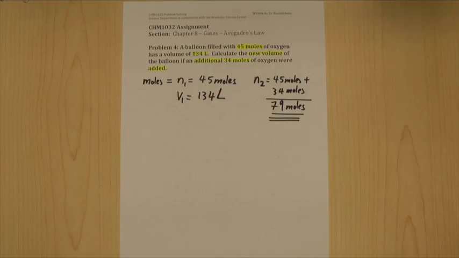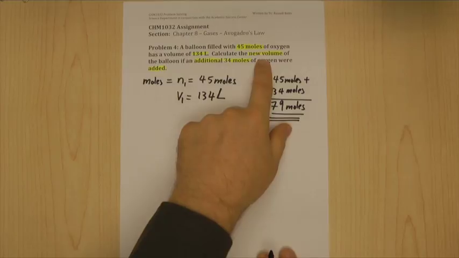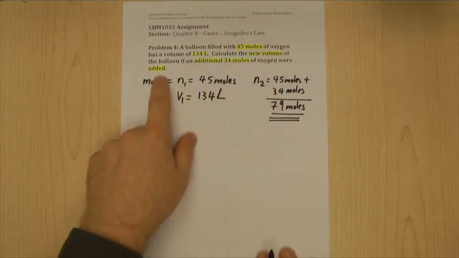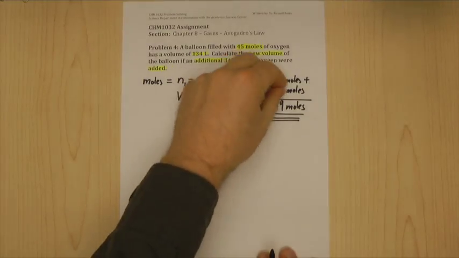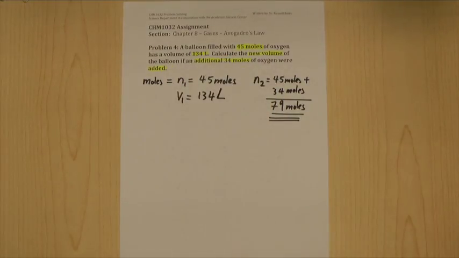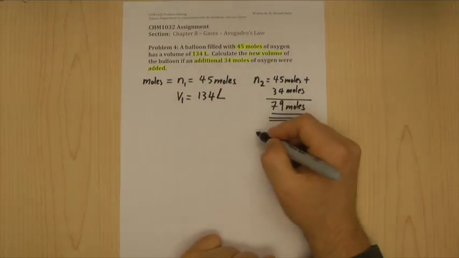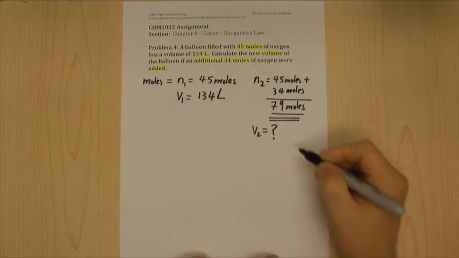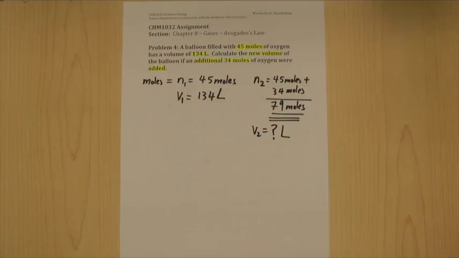I know it's strange because of the way the question's worded, but you've got to get used to that. Calculate the new volume of the balloon if an additional 34 moles of oxygen were added. So we have to add these together. So it's 45 plus 34. And V2 is what we don't know. And we're going to just say the liters will be our units.